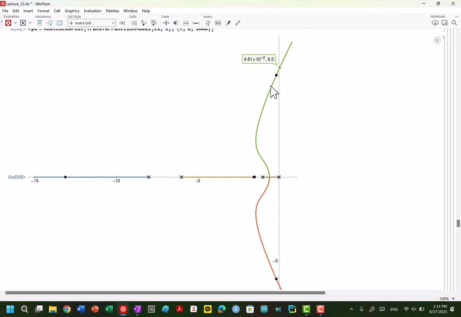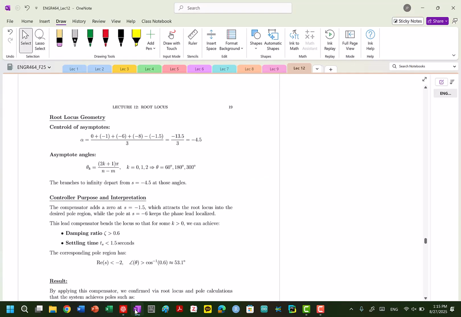Makes sense. If you follow along with that angle, you see at infinity that angle kind of sharp, and it might intersect essentially there. We also can see that center, and then you can see the angles there as well for the branches that depart from here.